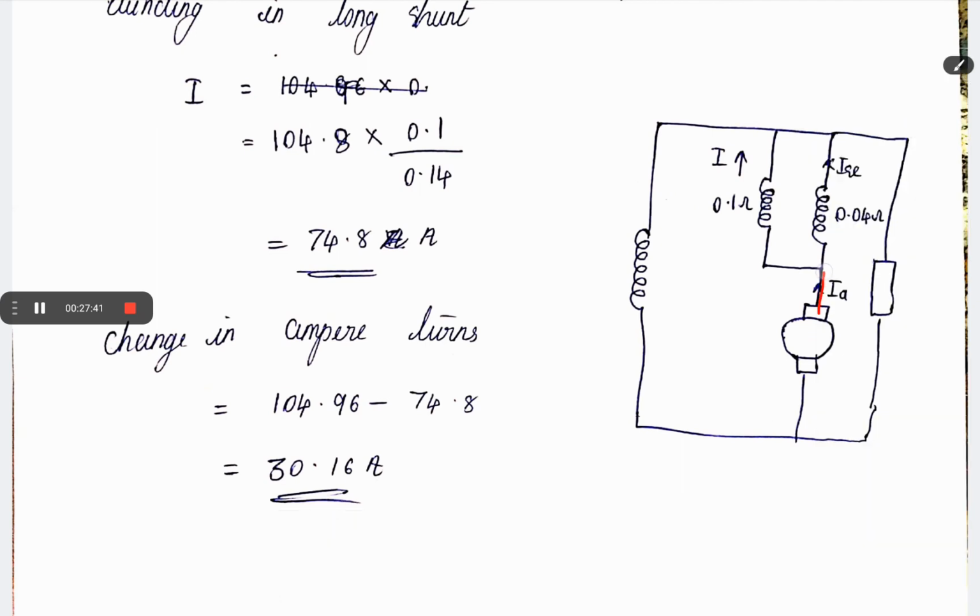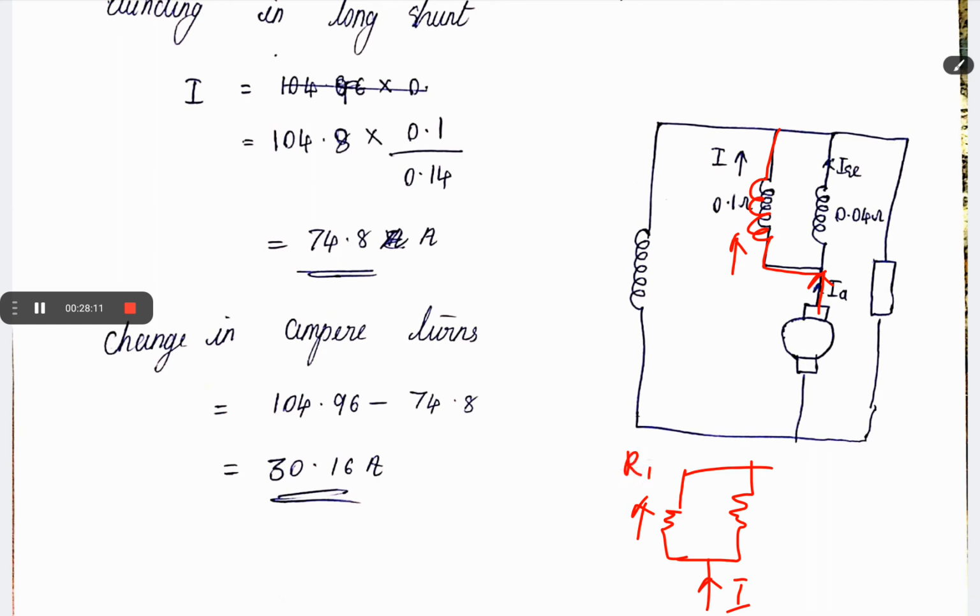When such a condition comes, how could you find the current in that particular winding? We connected a 0.1 ohm in parallel to this winding. When two resistances are in parallel, if you know the input current, the current flowing through one resistance can be found by the current division rule.